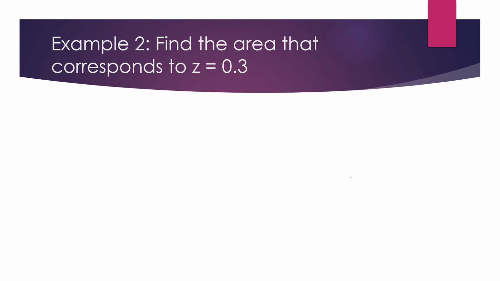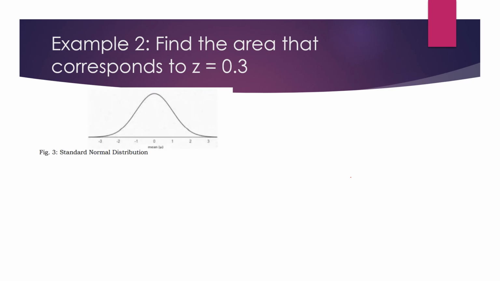Example number 2. Find the area that corresponds to z equals 0.3. Let us first identify the region of 0.3. From the middle, from the mean, we'll have this one. And 0.3 is just between 0 and 1 since it is positive. And 0.3 is less than 0.5.